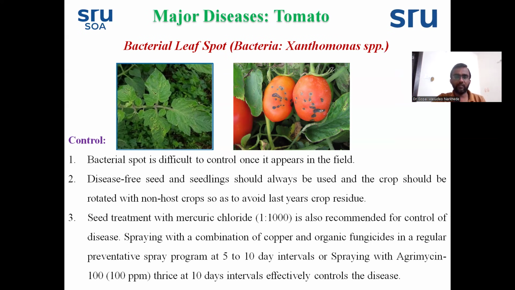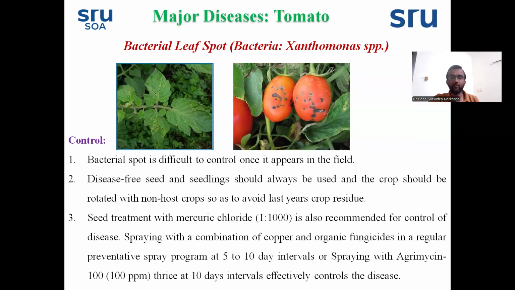Then seed treatment with mercuric chloride 1:1000 is also recommended for the control of this disease.